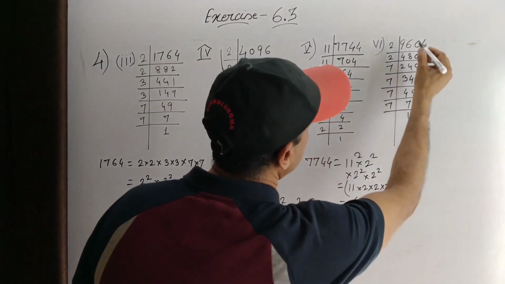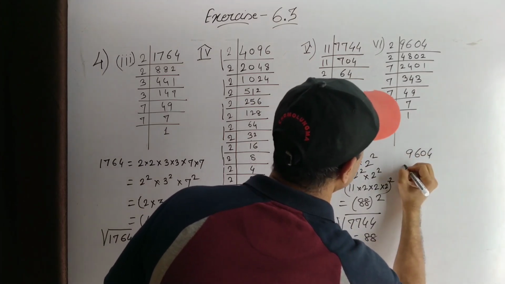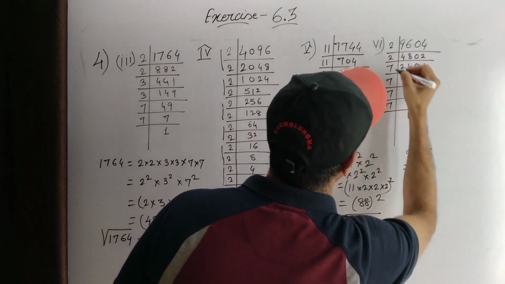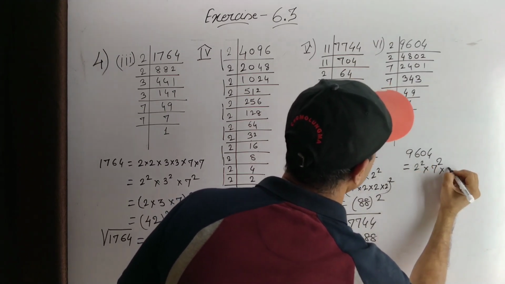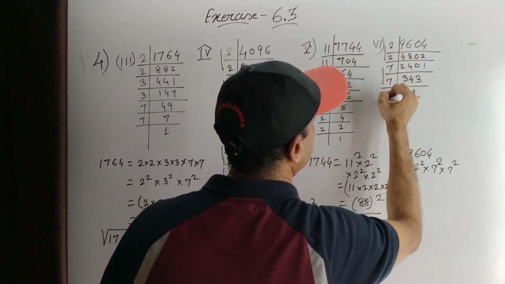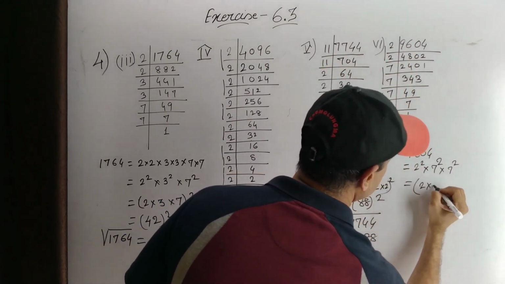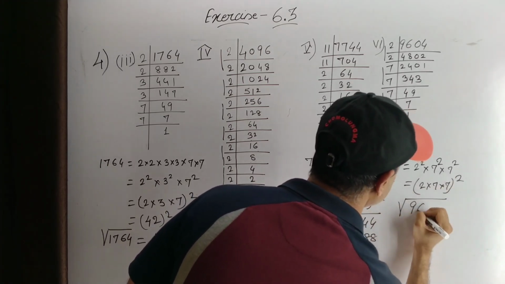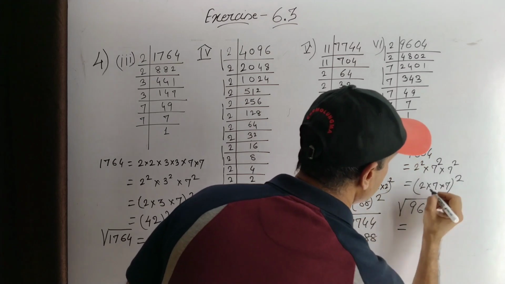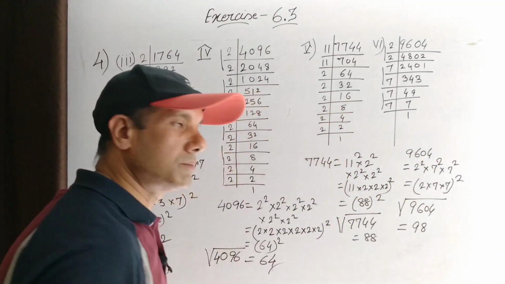Clear? Solving this, we get 9604 is equal to 2 square into 7 square into 7 square. Hence, this is equal to 2 into 7 into 7 whole square. Hence, under root 9604 is equal to 49 into 2, that is 98. Clear?